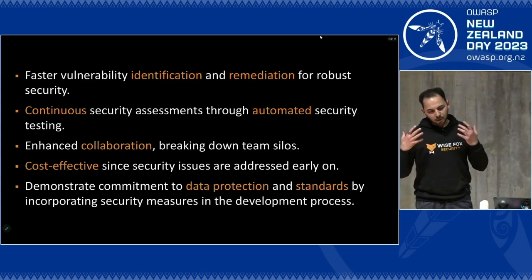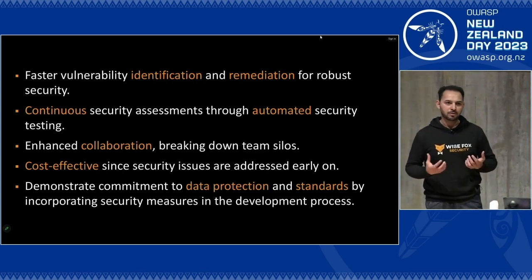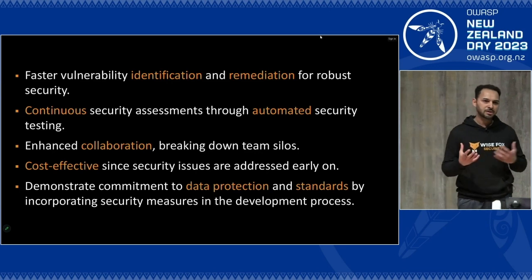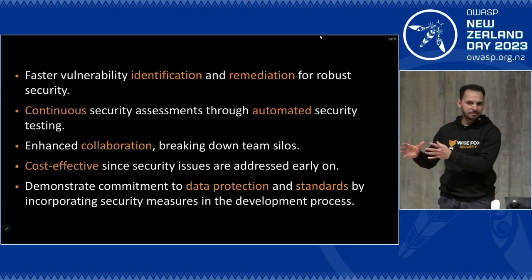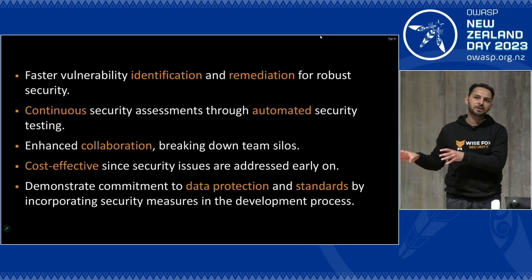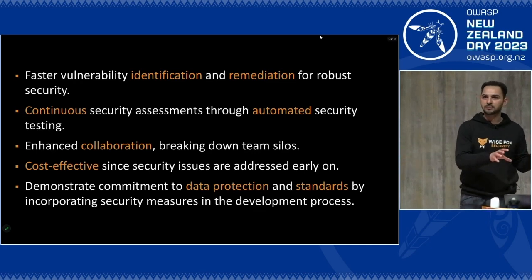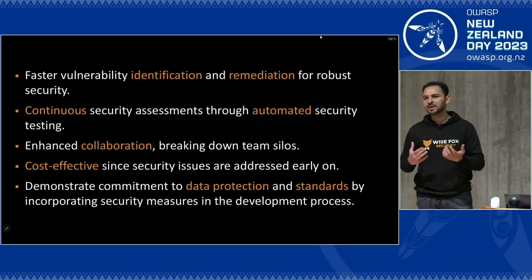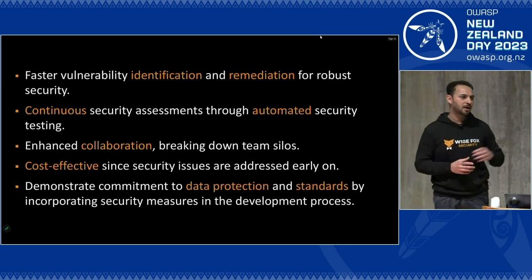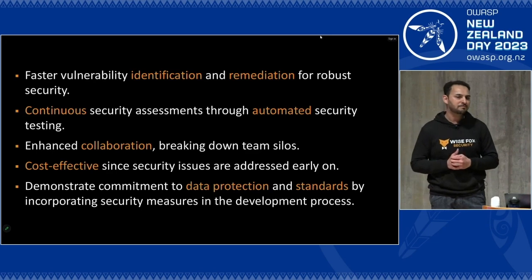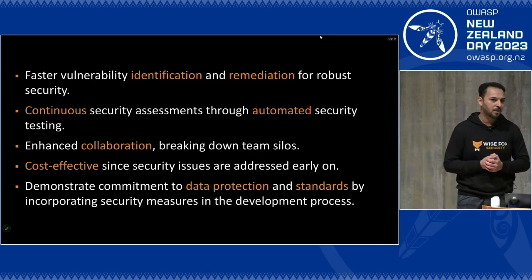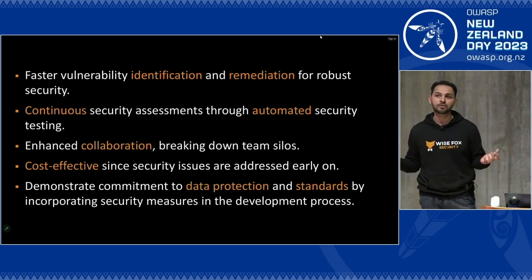Then, it also enables us to collaborate more, because the teams are working in silos if you don't do DevSecOps. The DevOps team is working here, the security team is working here, and the security team probably doesn't even have visibility into what is going on in here. So security teams are just playing catch up. They probably find that tomorrow there is going to be a new release that's going to have a bigger impact on your organization, and now they want to do security testing, but it's already too late.